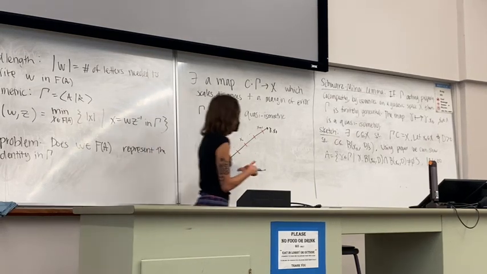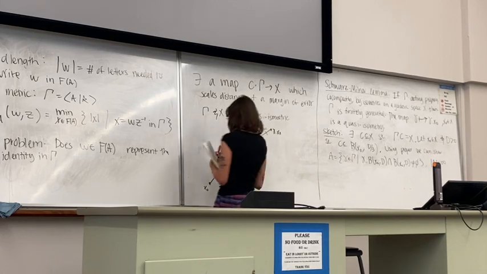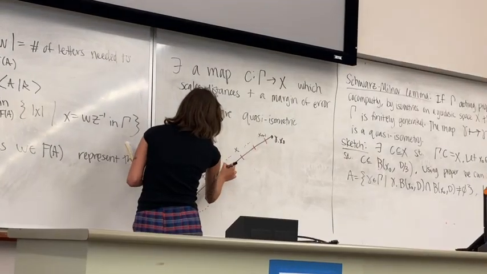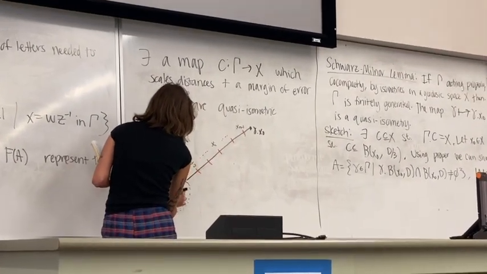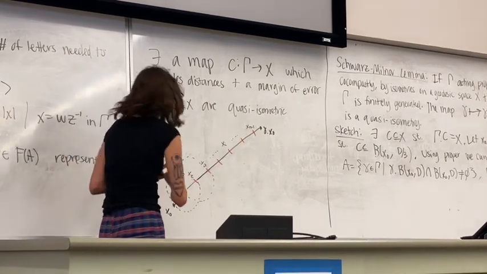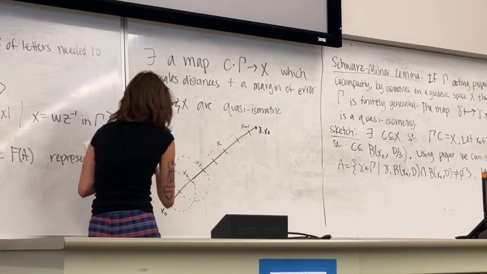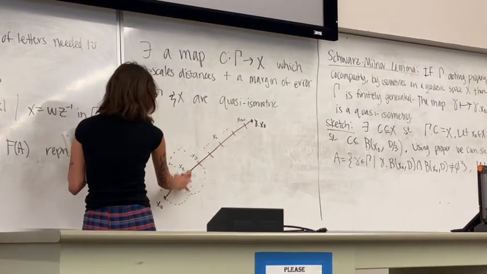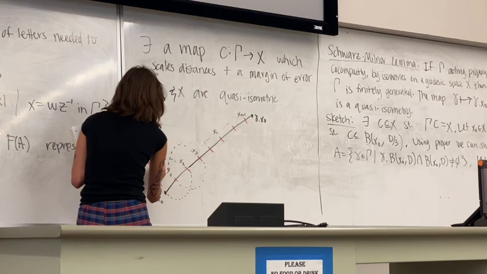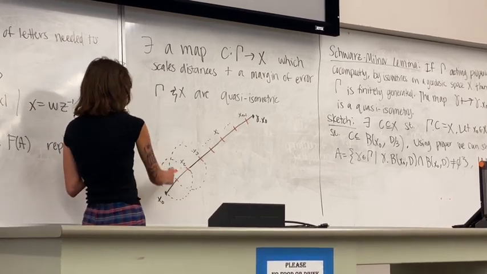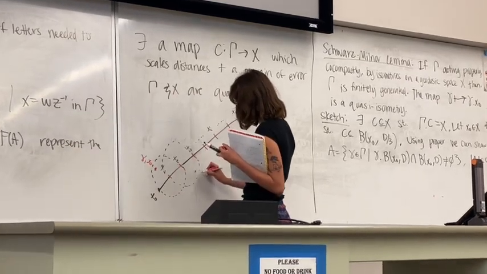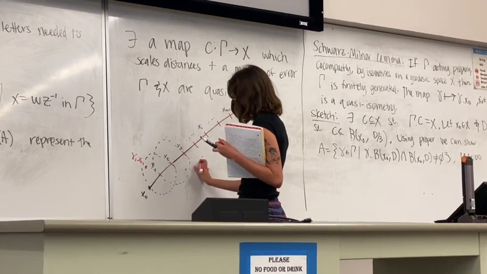And so then, using the fact that the action is co-compact, we can draw d over 3 balls around each xi. Because the action is co-compact, we know that within the d over 3 ball around x1 there's some gamma 1, which when applied to x naught lives within d over 3 of x1. And so we're able to show that this is true for all xi.